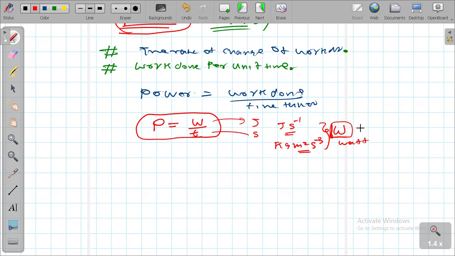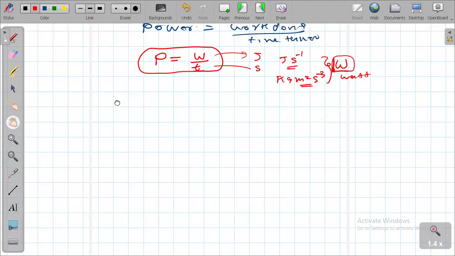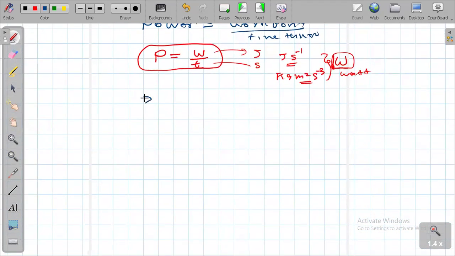A body of mass 2.5 tons is raised to a height of 90 meters in a time of 2 minutes.